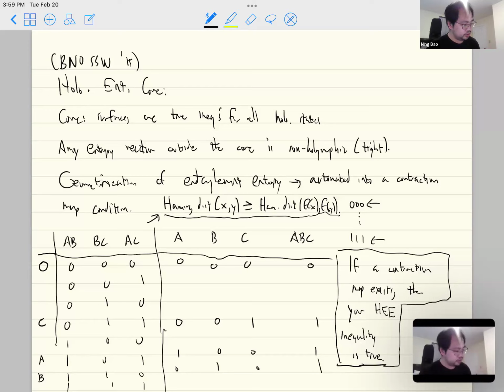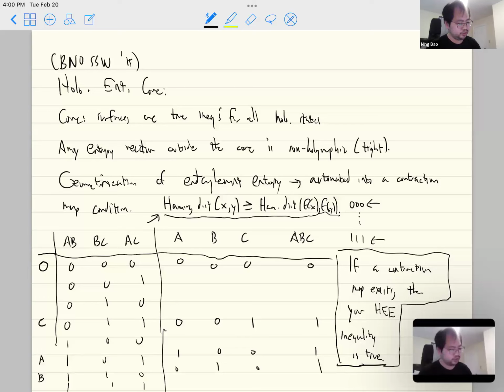Now, what we did back then is we just did a brute force search for contraction maps in this way. So if someone gives us a candidate inequality, we try the possible 0, 1 bit string assignments on the right-hand side from these things. And then we stop when we find one that satisfies all of the contraction conditions. So that takes an exponential amount of time, right?